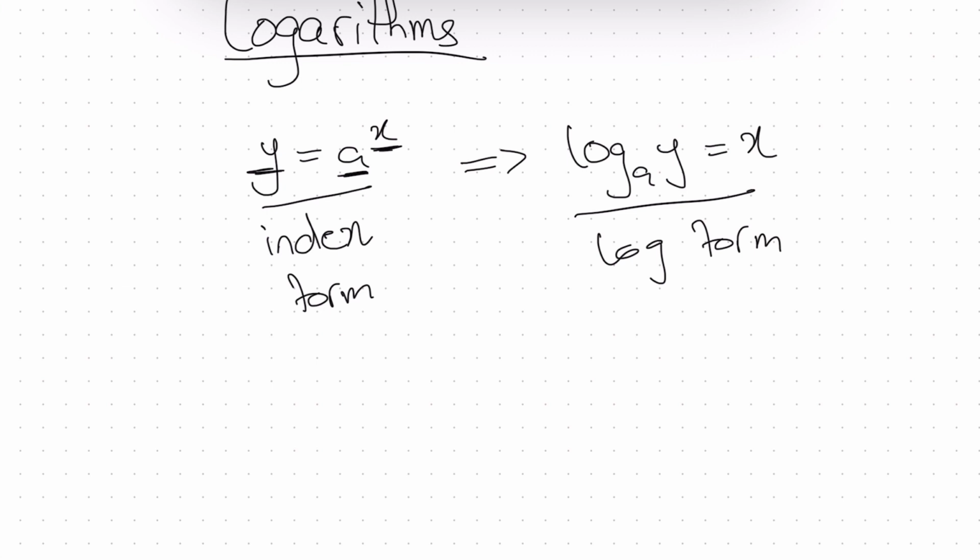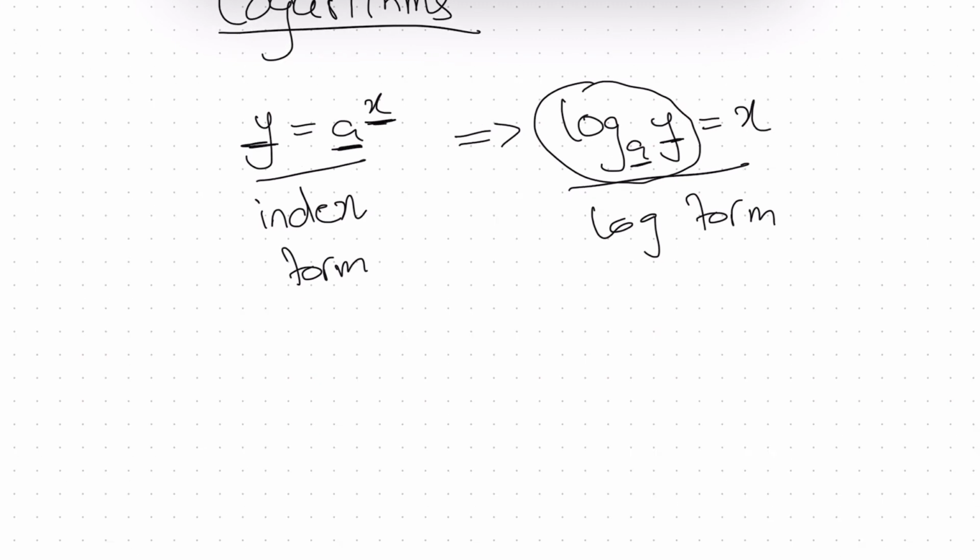Okay, so basically a is the base, y is that given number, and when we resolve log, we are basically trying to find to what extent do I raise a so that I am able to get y. Okay, so that's what you use logarithms for.